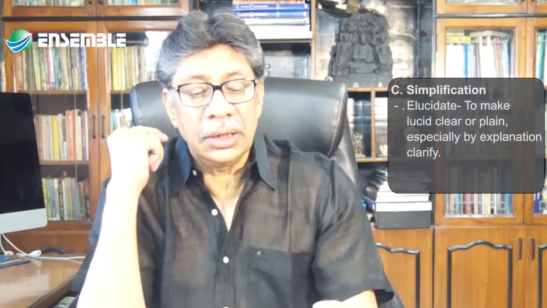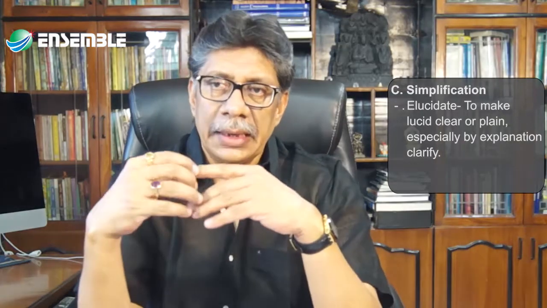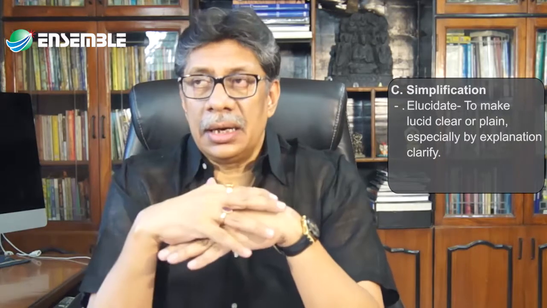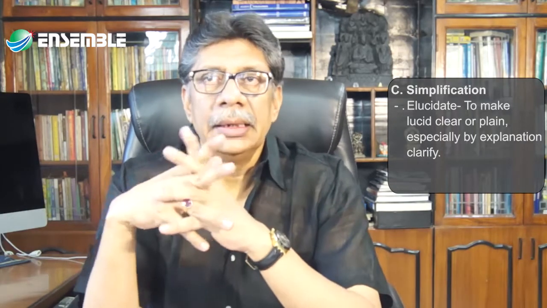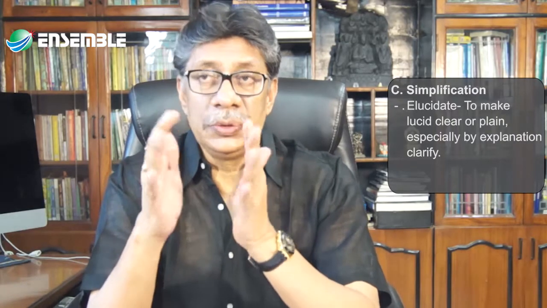The third category of it is going to be the simplification of the topic. There are 2 ideas associated with the simplification of any type of a question or any type of a problem. One of them is elucidate, another is going to be elaborate. Elucidate is associated with the word lucid.